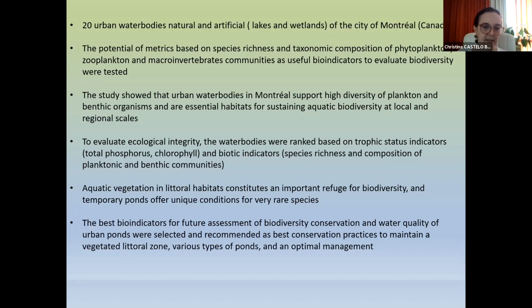The best bioindicators for future assessment of biodiversity, conservation, and water quality of the urban ponds were selected and recommended, as were best conservation practices: to maintain a vegetative littoral area, various types of ponds, and optimum management.